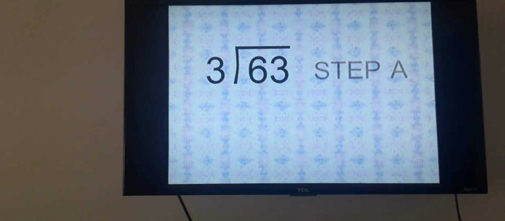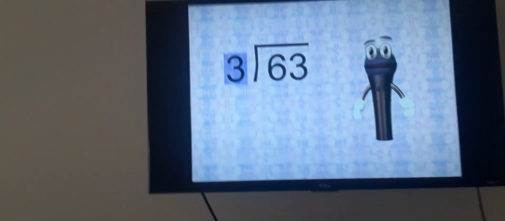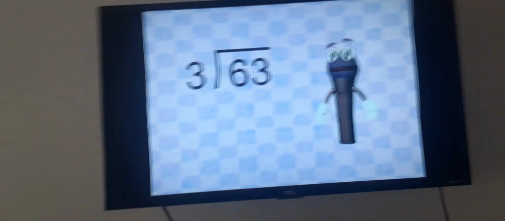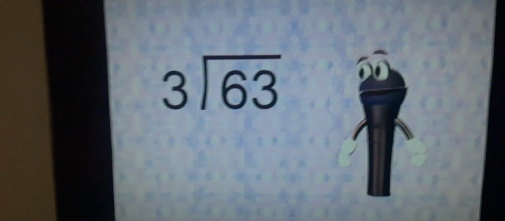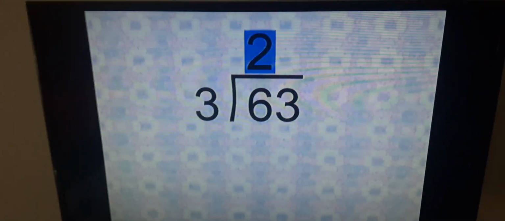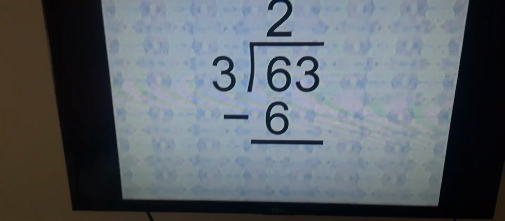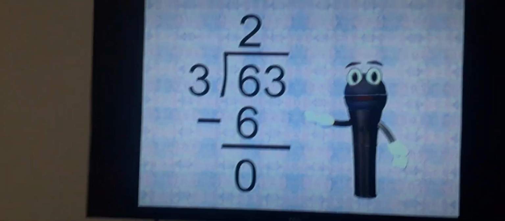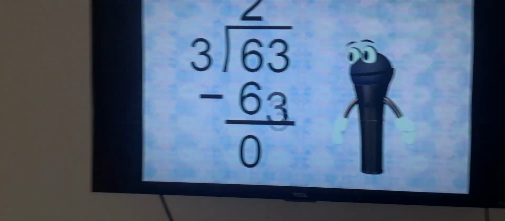Step A. 6 divided by 3 is 2, so we put a 2 above the 6 where the quotient belongs, at the top of the problem. Step B. 3 times 2 is 6. Write a 6 under the 6 and subtract. 6 minus 6 is 0. Step C. We bring down the 3 as shown.